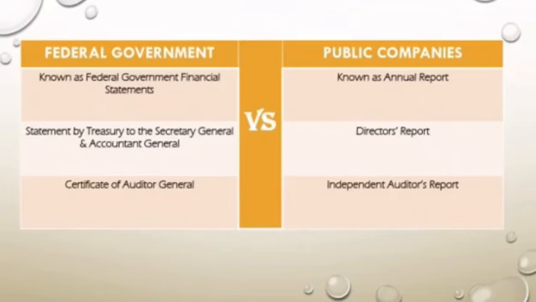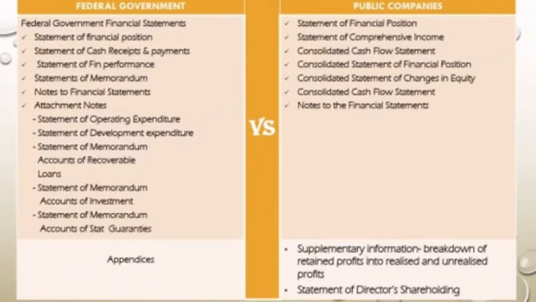So this table clearly illustrates the differences, where for the federal government, the financial statements known as federal government financial statements contain statement by Treasury to the Secretary General and Accountant General, certificate of Auditor General, and all the statements stated in the left of the table. This will be discussed further later by the next presenter.